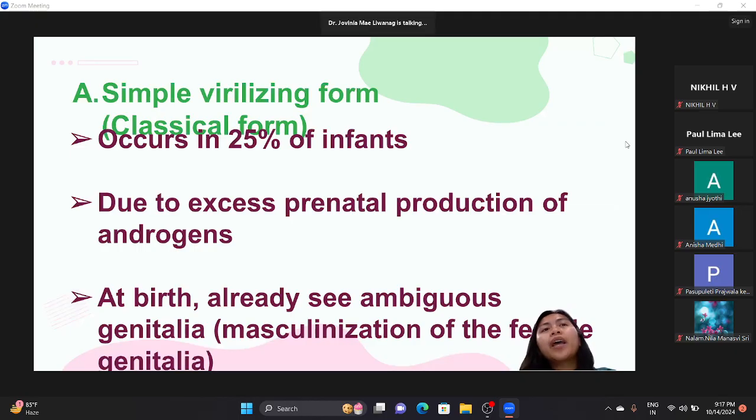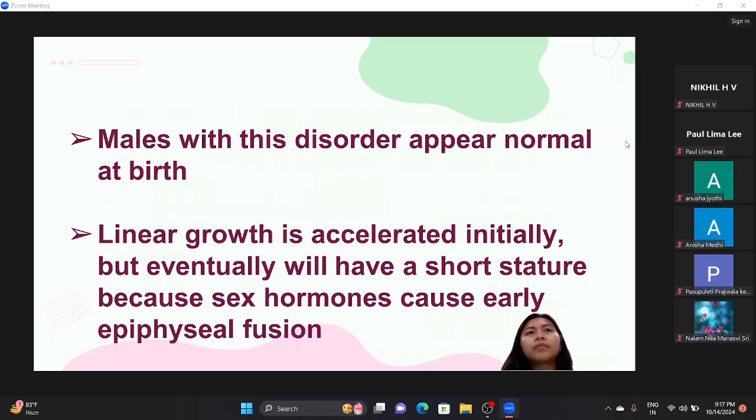It is due to an excess in prenatal production of androgen. That's why at birth, infants can have ambiguous genitalia, usually masculinization of the female genitalia. Males with this disorder appear normal at birth; of course, it's not that evident.